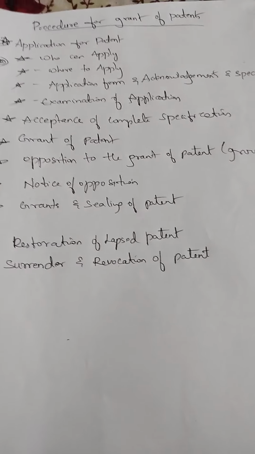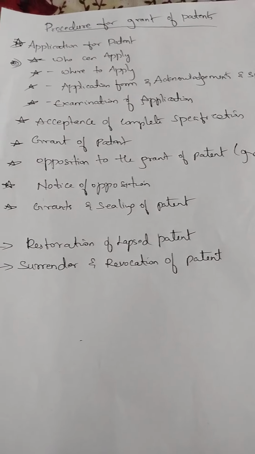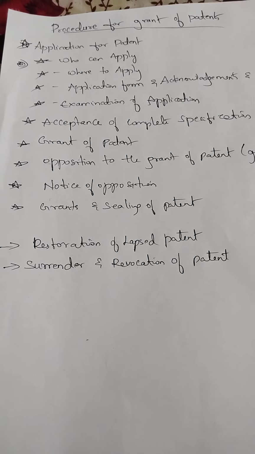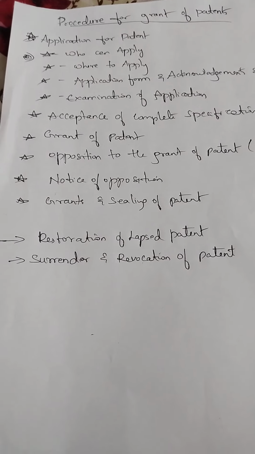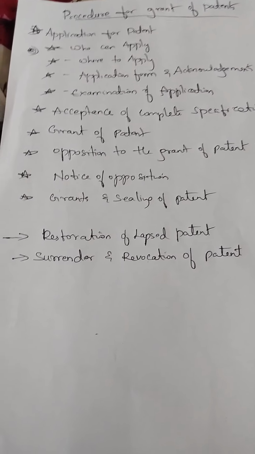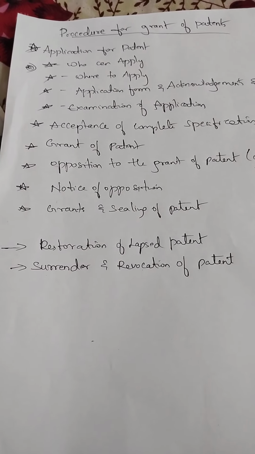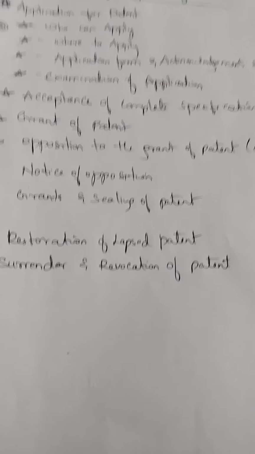Going through the specifications only, one will be able to understand what the invention is, what the novelty is, and they will also be able to understand technically in detail how it was found out, what was the method used. Everything will be explained in detail in this particular specification. All right, so that is about the acknowledgements and specifications.